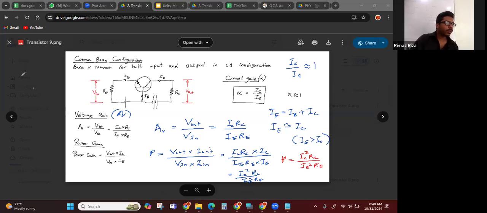We can write this as IC over IE, squared, times RC over RE. We know IC over IE is approximately equal to 1. Therefore, our power gain is approximately equal to RC over RE. So if you use a large output resistor compared to the input resistor, you get a good power gain. Okay, is that clear?